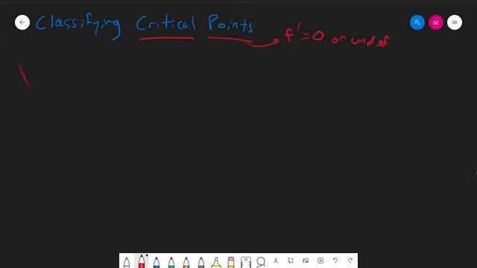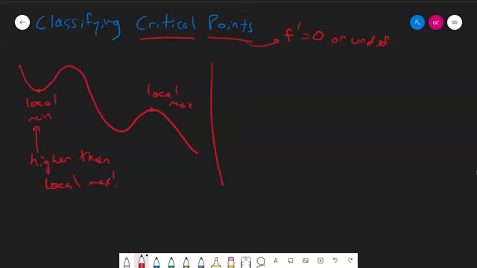You can have a function like this, where there's a local minimum up here and a local maximum down here. But notice that the local minimum is higher than the local maximum. So height information by itself isn't enough to tell you whether a critical point is a local minimum or a local maximum.